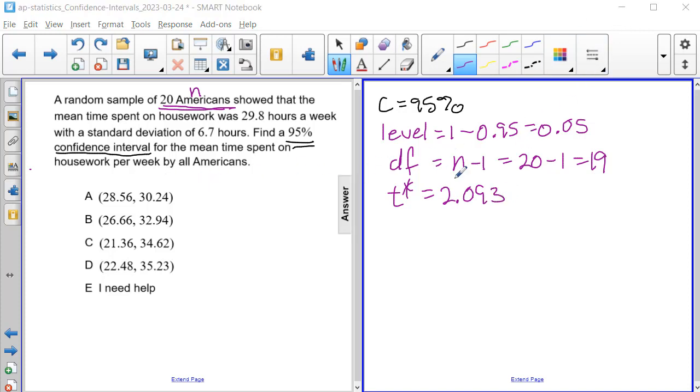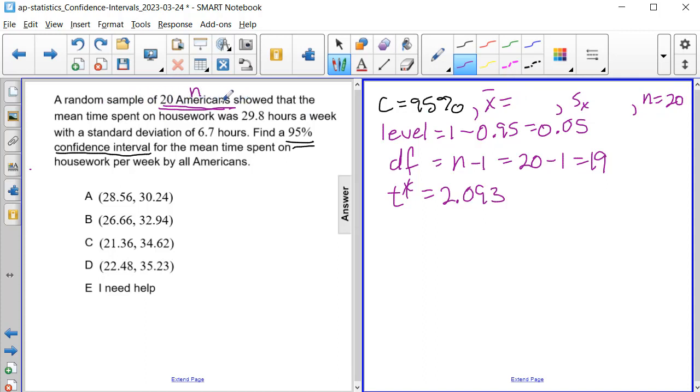Now, in order to make our confidence interval, we need to find the remaining key features from our word problem, which would be our mean. We also need our standard deviation. And we already found that n was 20. All right, so let's look for our mean.